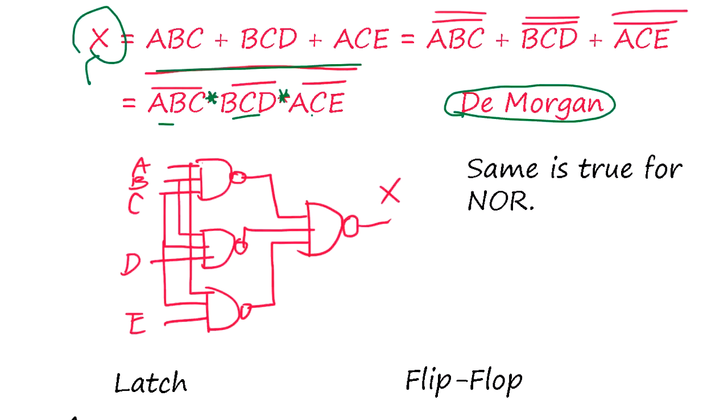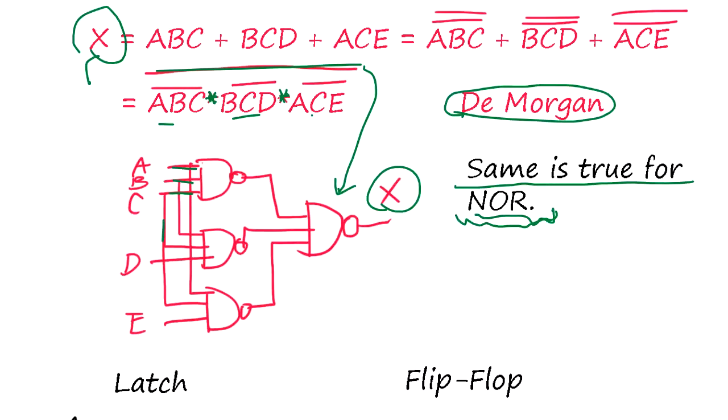This is an example: A, B, C, NAND, and C, A, let's see, C, B, D, NAND, and this NAND all together goes to another NAND, which is this guy, right? Then you get X. And the same is true for NOR. You can expand any expression, everything using only NOR.